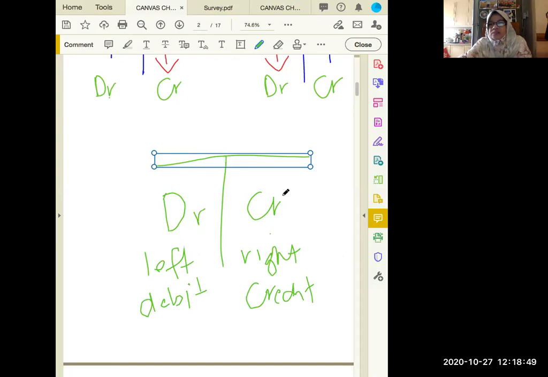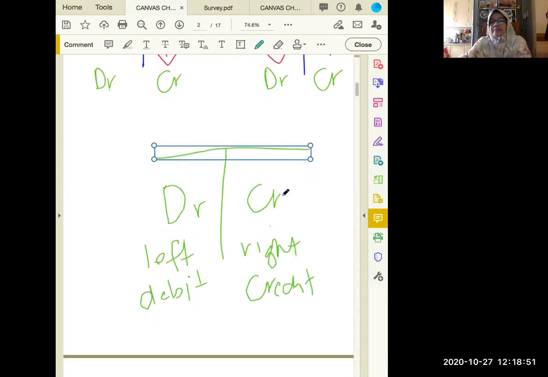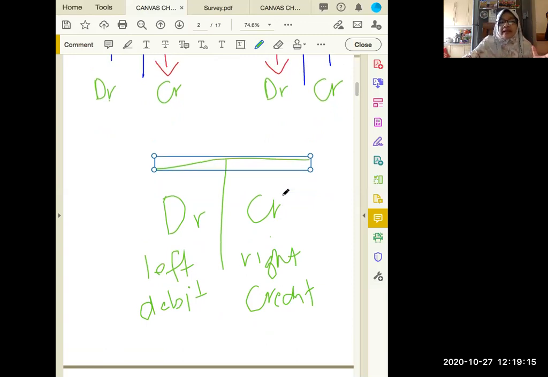Why is it so important for you? Because remember last time, when we go into any transaction, you have to identify whether the transaction involves an asset, a liability, or owner's equity. So whenever you go through the transaction, you have to look at what it is. Is there an asset increase in the company, or a reduction in asset? Asset in the form of what? Maybe cash or buildings or land, as mentioned earlier.